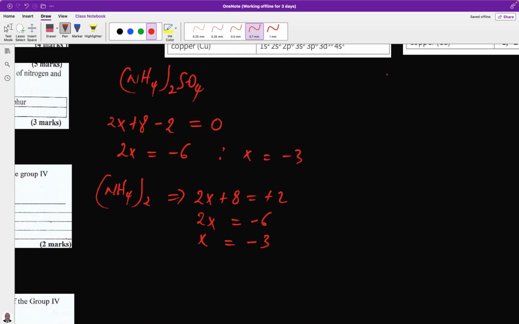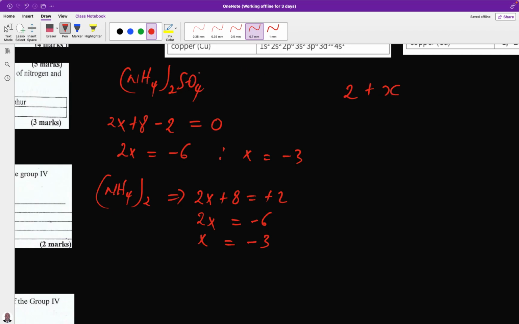Now again, let's calculate for sulfur, using the same method. If we want to calculate for sulfur, the ammonium is +2, sorry. It is +2 because ammonium is +1, and +1 times 2 is +2. Now, sulfur is just 1. Let's assume sulfur to be x.